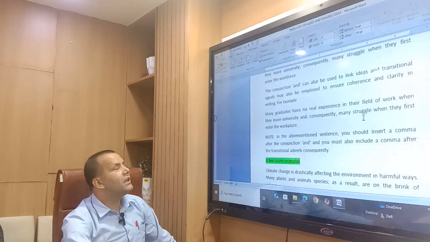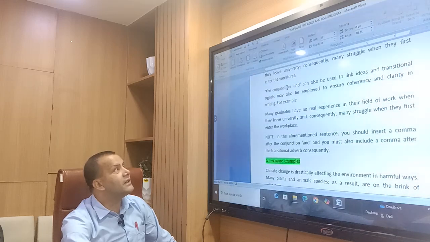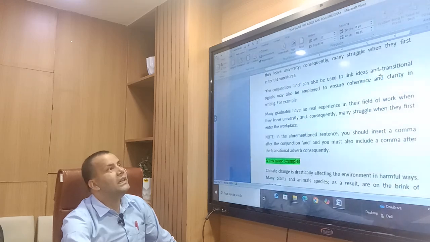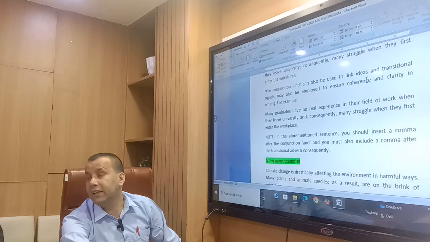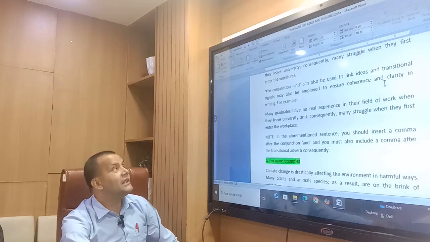Another, the conjunction and can also be used to link ideas, and transitional signals may also be employed to ensure coherence. Coherence means तालमेल मिलेको, connectivity of idea, and clarity in writing.